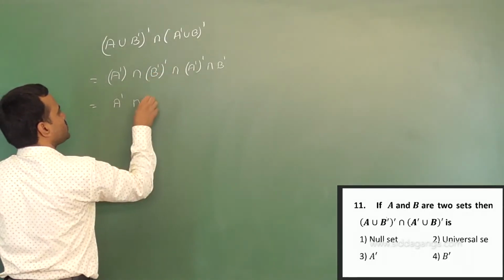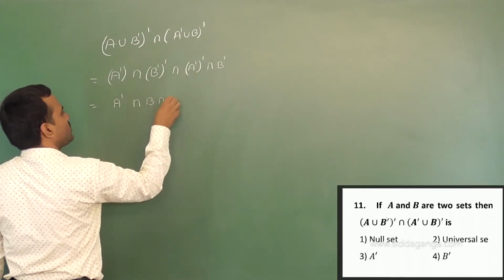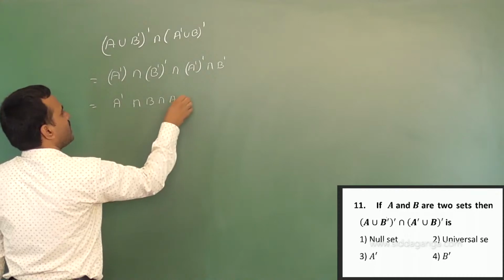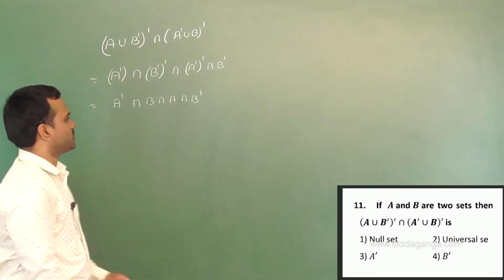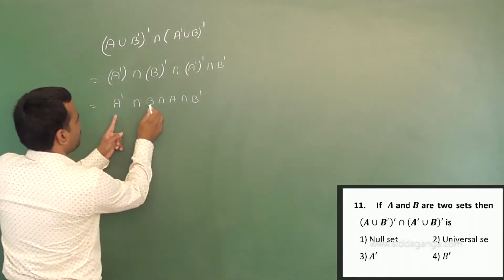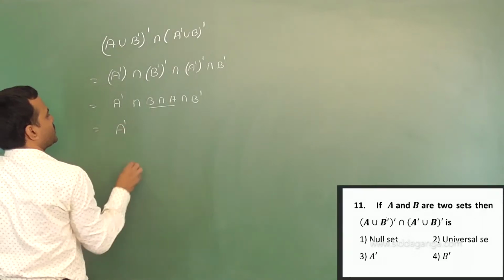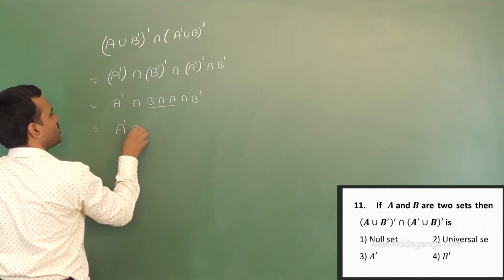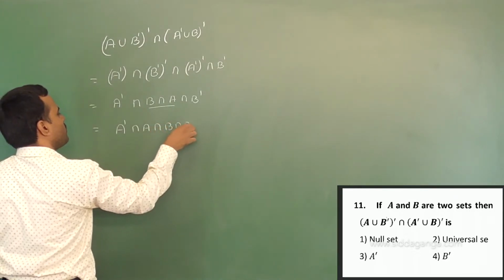Intersection B dash whole dash is B. Intersection A dash whole dash is A. So we interchange these two: A dash intersection A, intersection B intersection B dash.